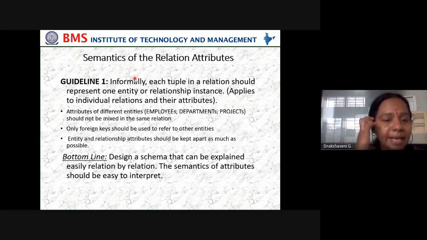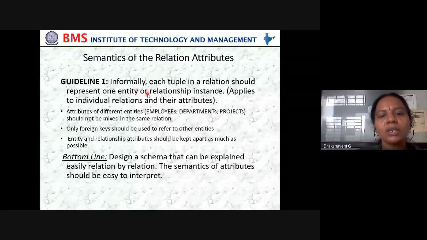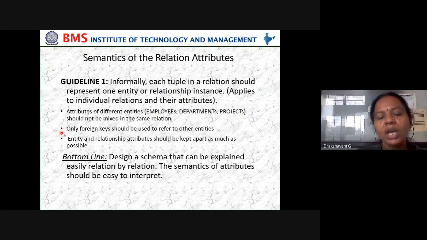First, what does guideline 1 say to us? Semantics of the relational attributes. Guideline 1, informally: each tuple in a relation should represent one entity or relationship instance. It applies to individual relations and their attributes. So attributes of different entities, that is employee, department, project, should not be mixed in the same relation.